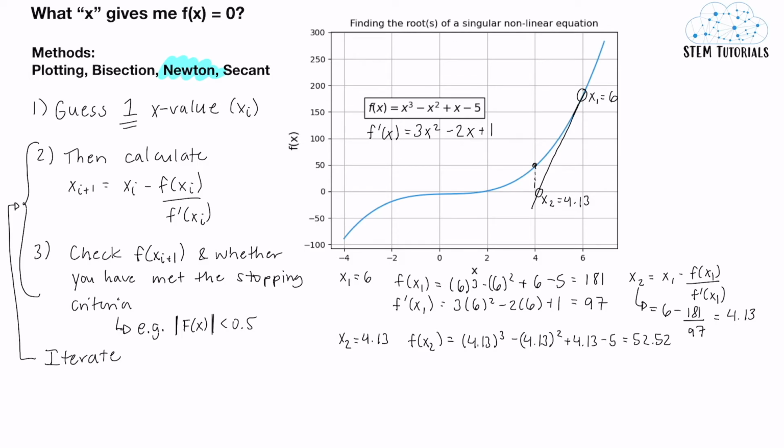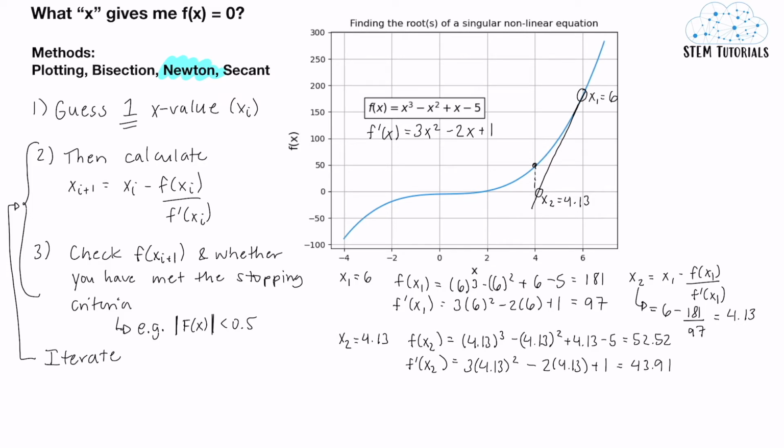So we're going to again calculate our f prime of x so that we get our next x. I'll just demonstrate this once more. So we have our f prime of x2, which equals 3 times 4.13 squared minus 2 times 4.13 plus 1, which equals 43.91.